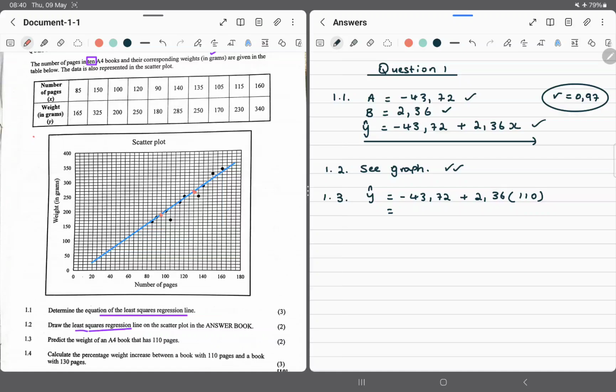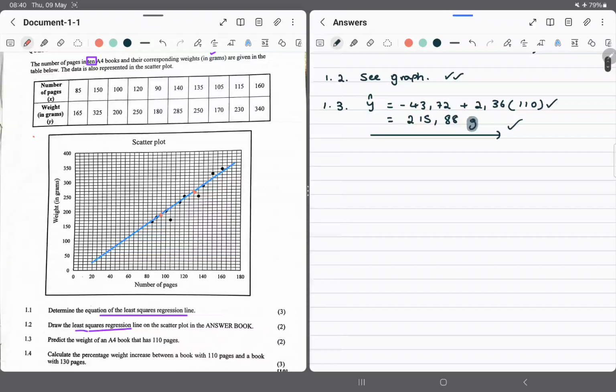It says this is going to be 215,8 grams. Remember, this is a weight, so there must be a unit of measurement. Should it not show up, you are dead. Seriously dead. So this is substitution and answer. Nice and easy.